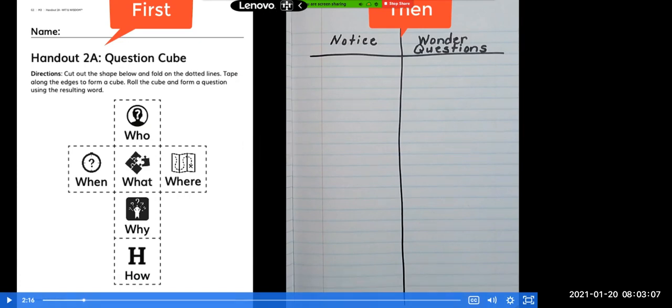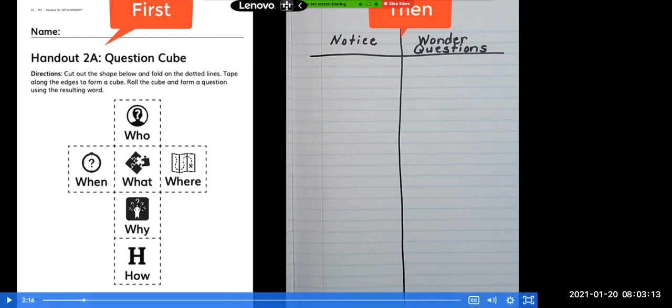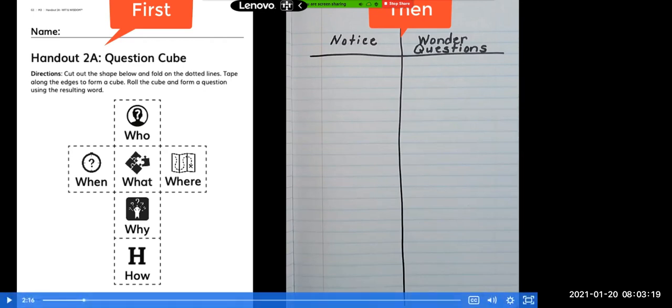Okay, so like I said, you do not have to have the question cube, okay? But in your journal, we are on page 100 today, guys. Page 100. And we're going to set up our notice and wonder chart. We're going to put the title of the book on the top.